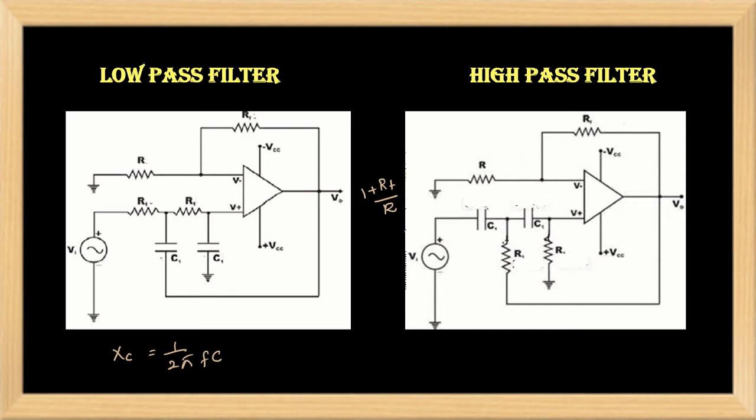So in the circuit, when we give the input signal, high frequency signals go through this capacitor which offers a low resistance path, and low frequency signals are blocked by the capacitor. So they take an alternative low resistance path towards the output. Because of this non-inverting op-amp, the low frequency signals are amplified with a factor of 1 plus RF by R at the output. In a similar way, we can explain the working of the high pass filter.